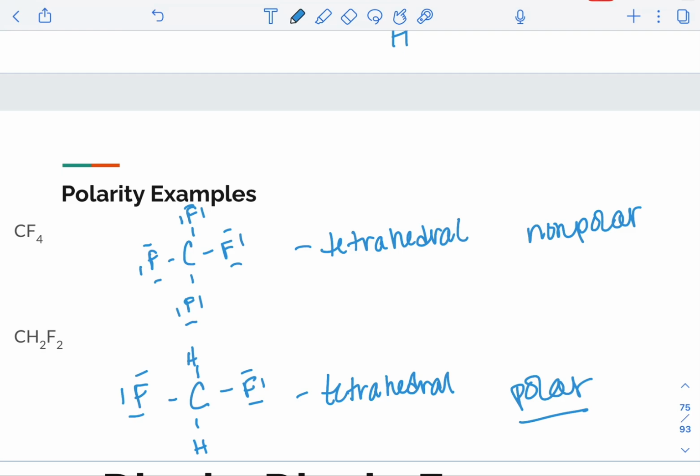So for some of the more complicated shapes, like the ones with 5 or 6 electron groups, they will be nonpolar if the terminal atoms are all the same, even though not all the angles are the same, because they do cancel out. So you have to really think about, okay, are they going to cancel out? Are they not? You have to actually work through that.